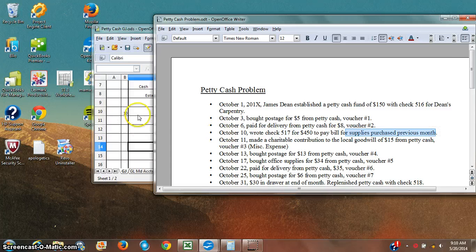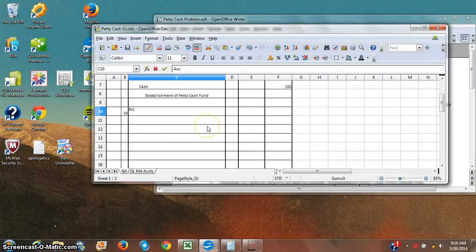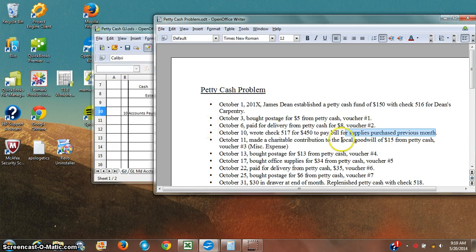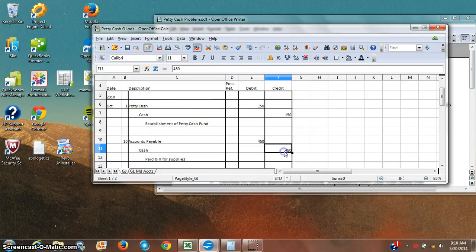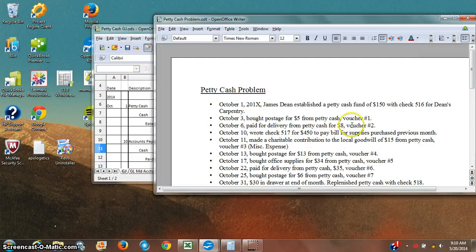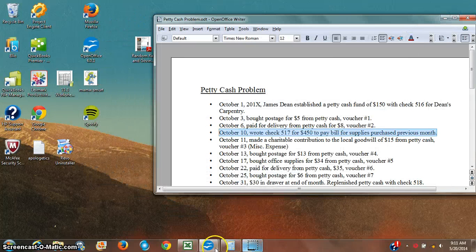This is a situation where I'm paying a bill, so my accounts payable is decreasing, and since it's a credit account, I decrease it on the debit side, and also my cash is going down because I'm paying a bill. I now owe less money and I have less cash. Got my description there. So now I'm done with this transaction here.